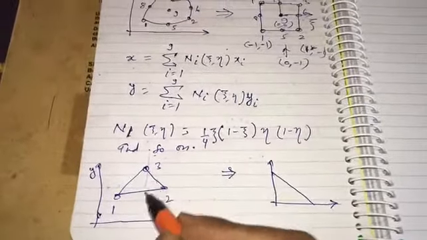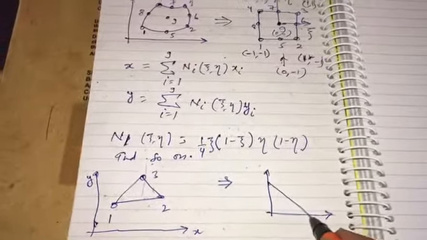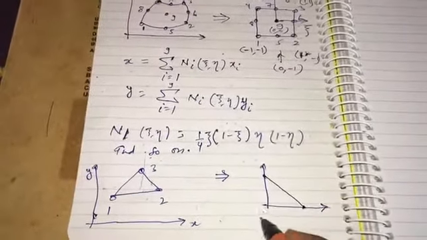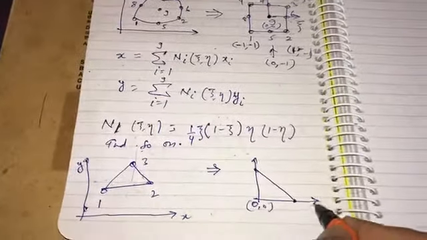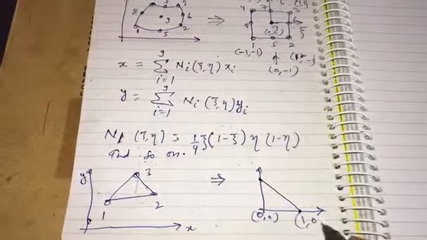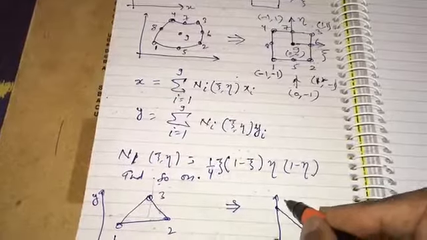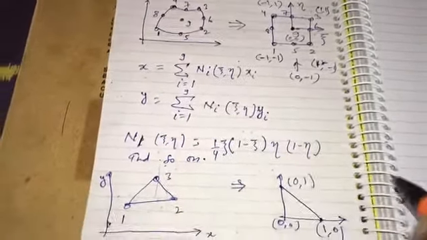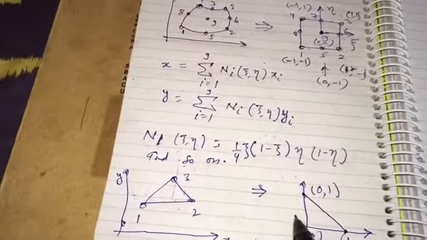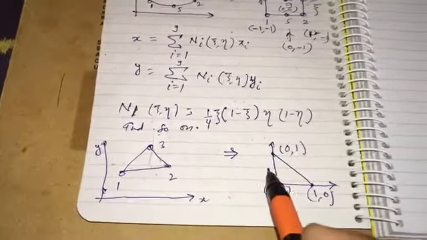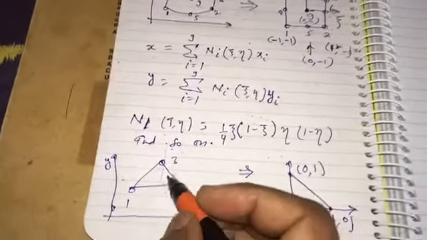So this element will be transformed to an isoparametric element such that one of the vertices will be at 0 0, the second one at 1 0, and the third one is 0 1, like this one. If we convert like this one, then it may be easier to solve, especially when we have higher order elements.